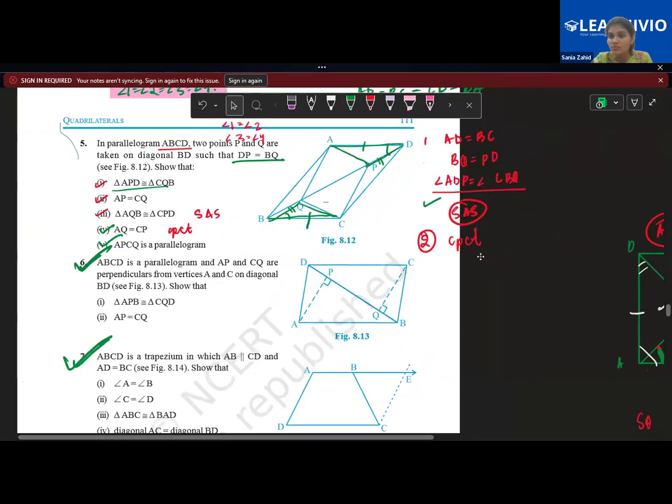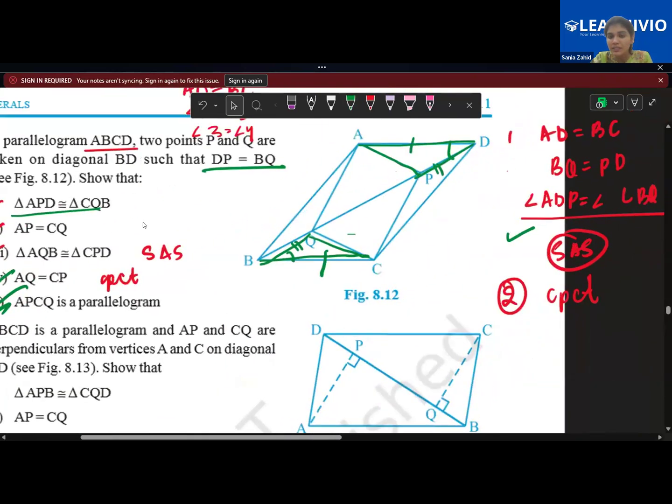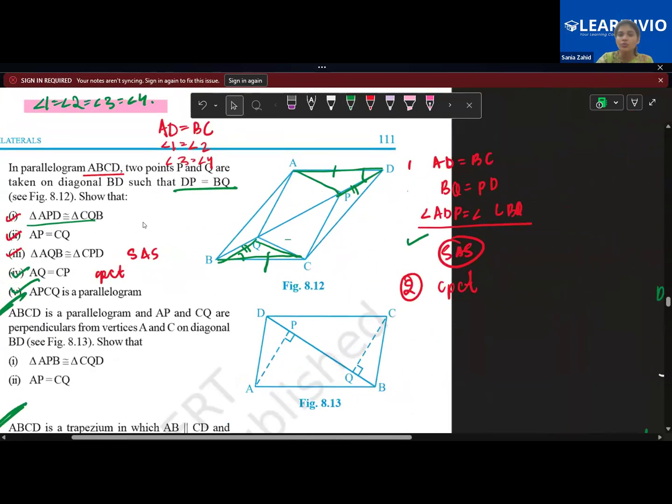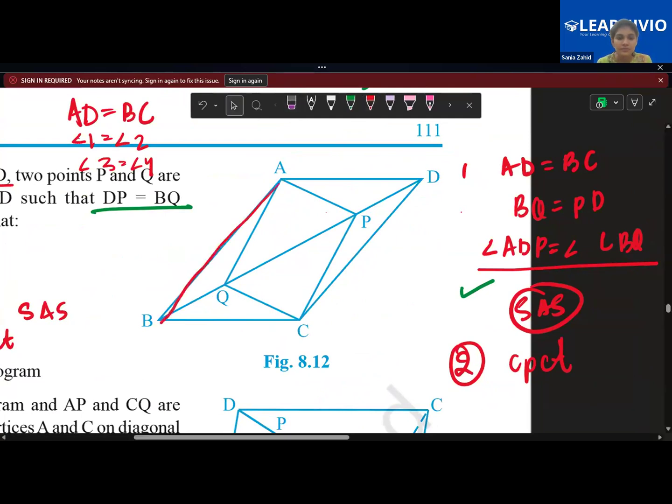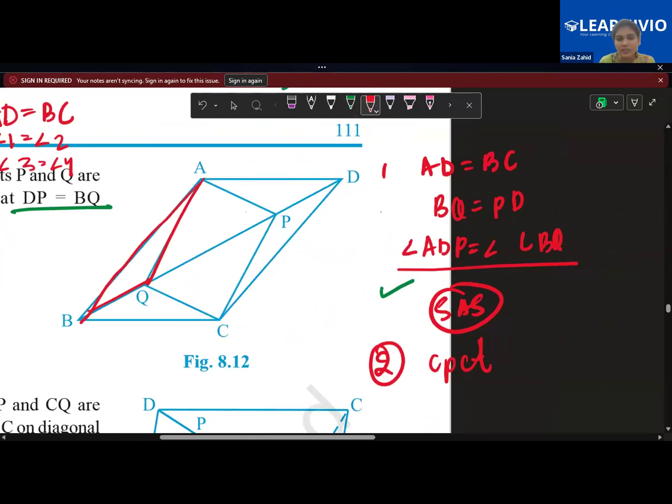Then triangle AQB is congruent to triangle CPD. Where do you see AQB? AQB is this triangle. Next is CPD, which is this triangle, right?